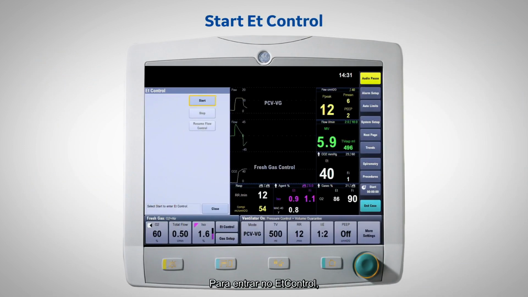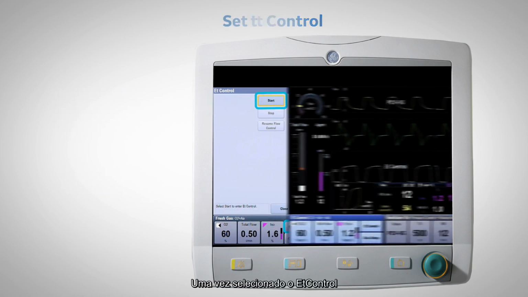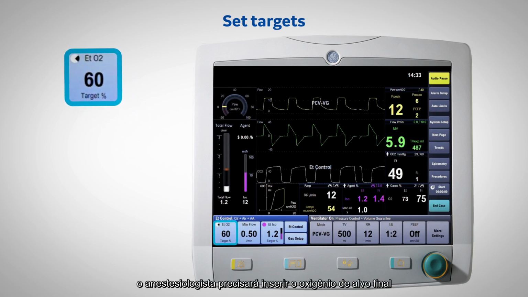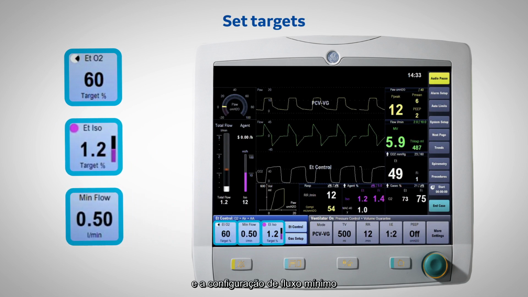To enter end tidal control, select ET control from the fresh gas panel and select Start. Once end tidal control is selected, the anesthesia provider will need to enter the target end tidal oxygen, end tidal anesthetic agent, and minimum flow setting.